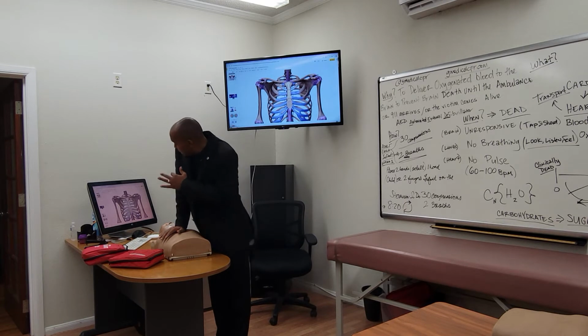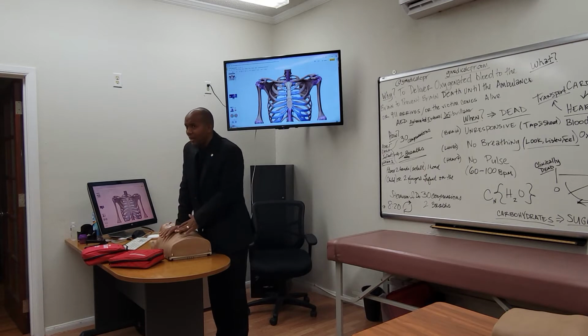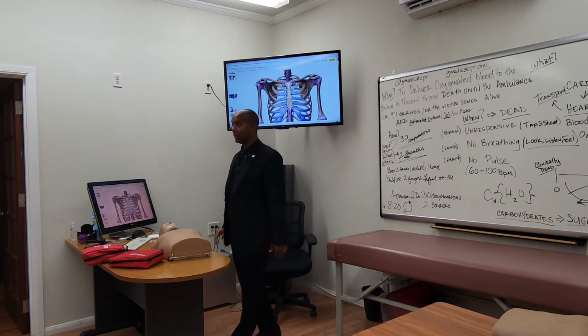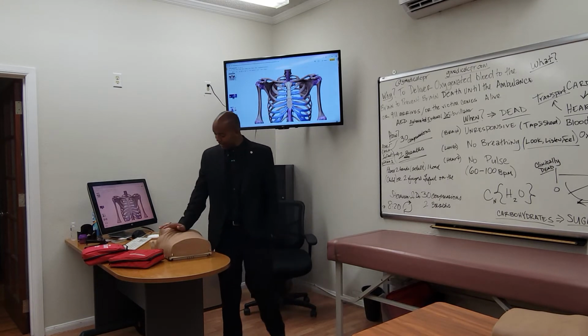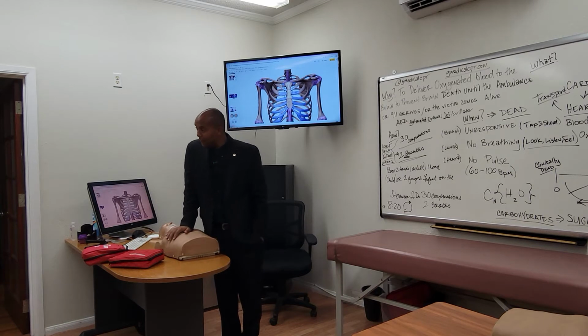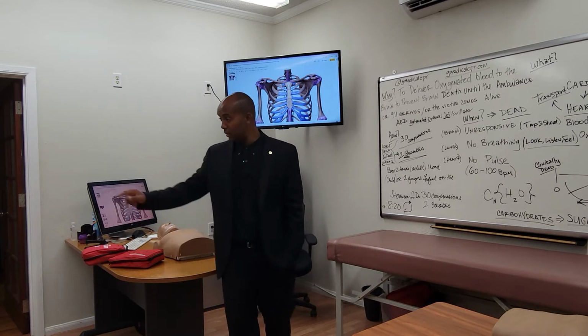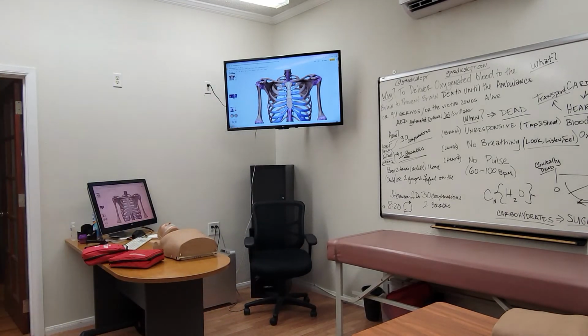Because when we push down, we want to make a straight line between our shoulders and that part, because we're going to use our body weight to push on them, okay? We're going to use our body weight to push down, all right? Okay, so put that part of the hand in the center of the chest, on the sternum, okay? Let me see everybody. Good. See, y'all get it. Y'all got it.